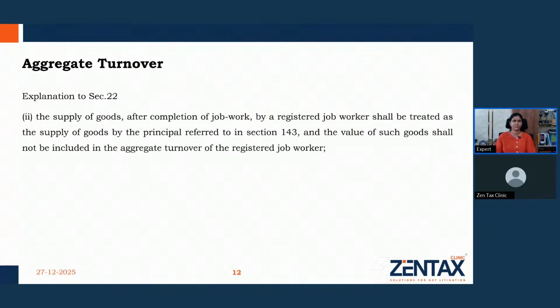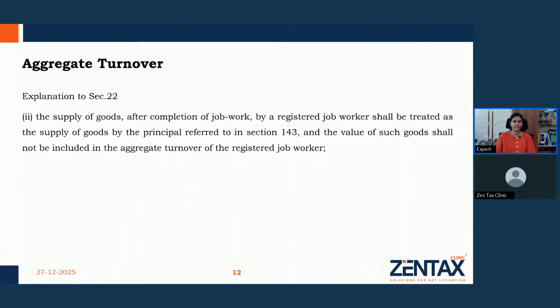For the purpose of computation of aggregate turnover, there is an explanation given in section 22, that is, the supply of goods after completion of job work by a registered job worker shall be treated as supply of goods by the principal referred to in section 143, and the value of such goods shall not be included in the aggregate turnover of the registered job worker.